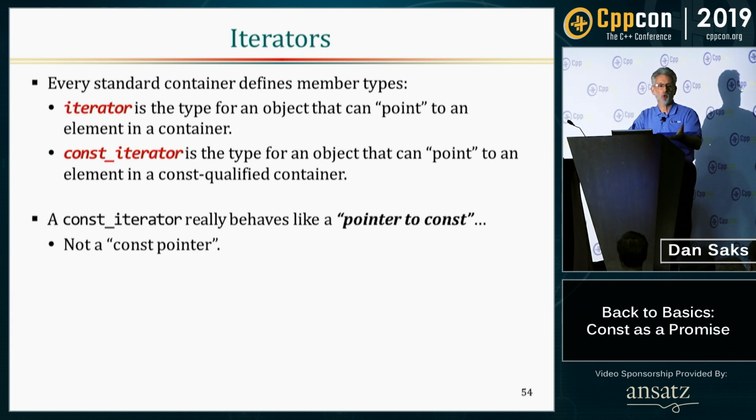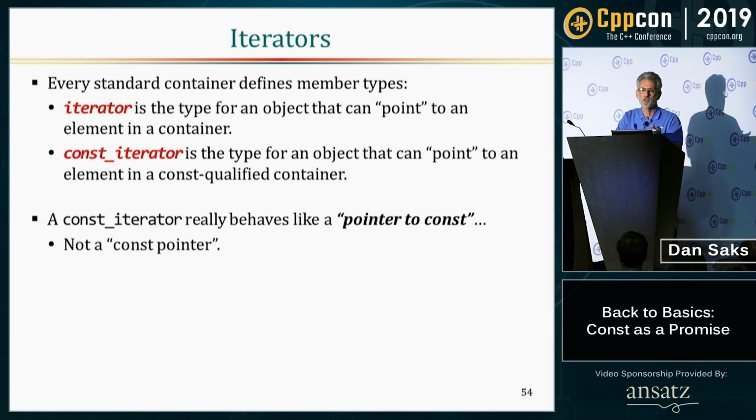You think of it as a pointer to an element, and what's the const doing there? It's actually a pointer to a constant element. It's not that the iterator itself is immutable, that you can't change it. It's what it's pointing to. I would have preferred that the actual name would have been iterator to const, but that's not the name. You just have to live with the fact that const_iterator is conceptually equivalent to pointer to const.